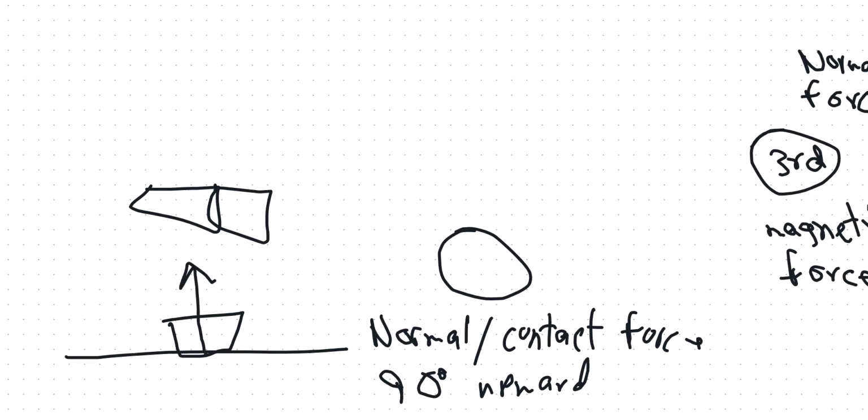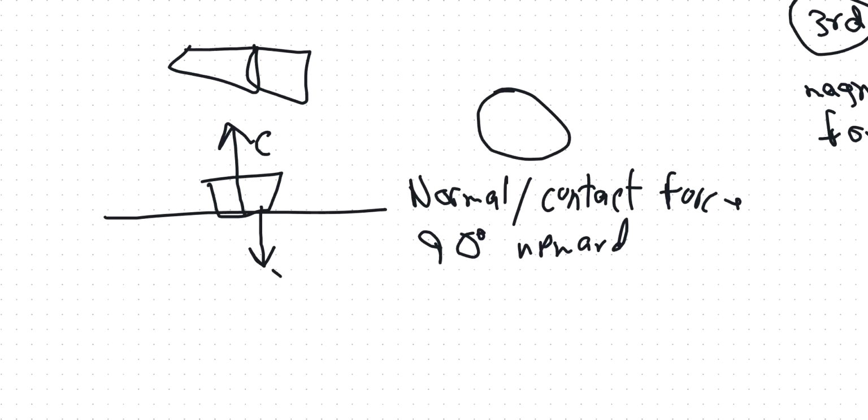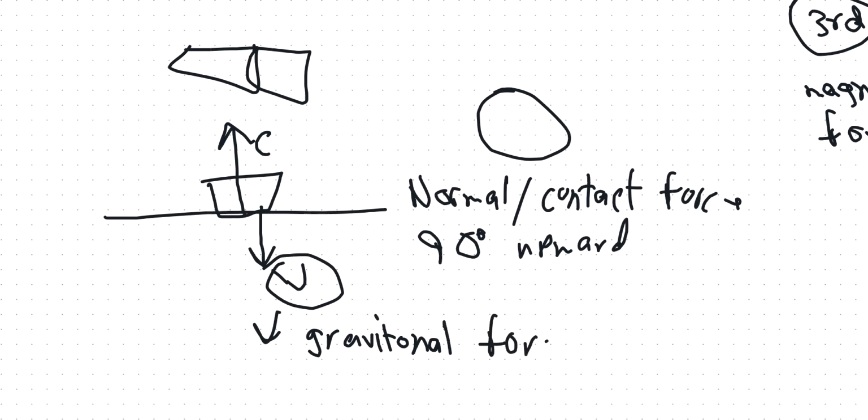So let's say this is C, and the downward force would be the force due to weight, which will act downwards. In this example, my weight is a gravitational force, but my contact force is not a gravitational force.